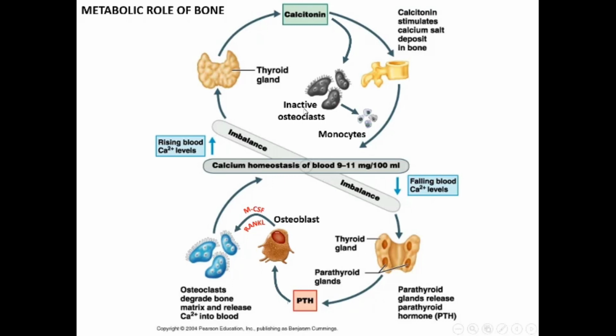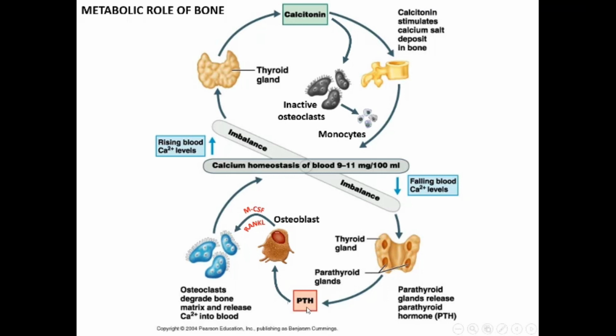Also, the bone cells have a metabolic role in the bone. For example, here you can see the calcium homeostasis, or calcium concentration in the blood. In the normal situation, we have about 9 to 11 milligrams in 100 ml. When we have a decrement, a fall in the calcium concentration in the blood, this decrement is detected by the parathyroid glands.